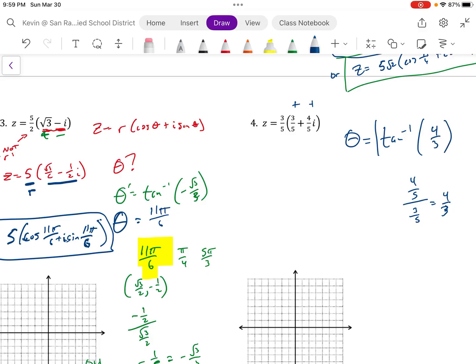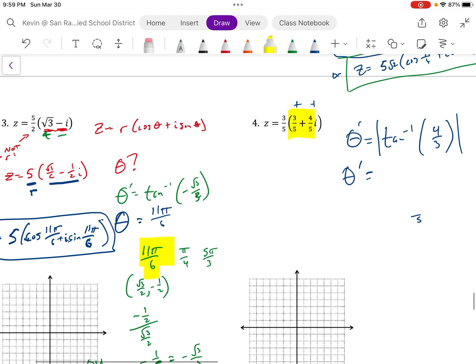So in this case, theta prime equals theta. In this case we have to use our calculator, because these values are not on the unit circle. The other one was on the unit circle; this one's not, so we have to get the calculator back out.